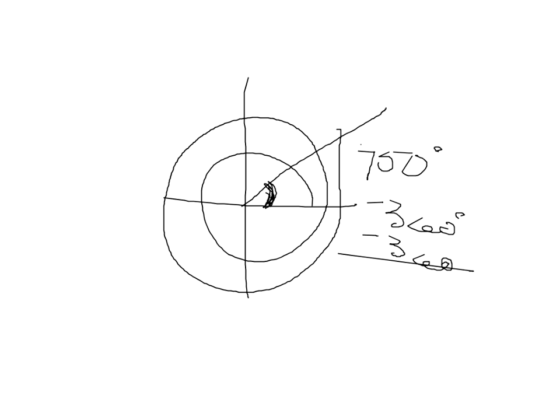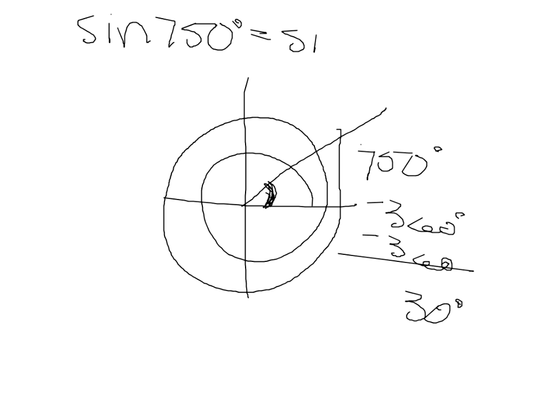And that is going to give me 30 degrees. So for all of the trig functions, sine of 750 is going to be sine of 30 because the coterminal angle is 30 degrees. And then repeat for the other 5 trig functions.